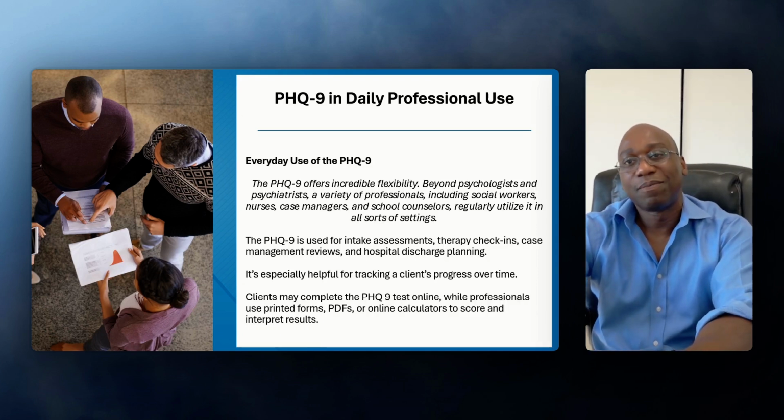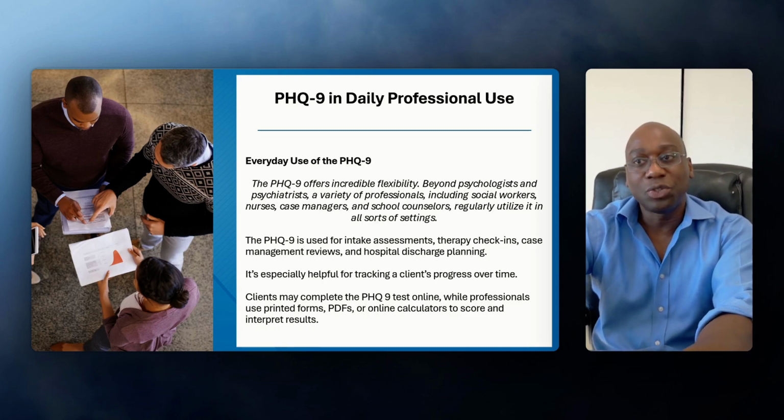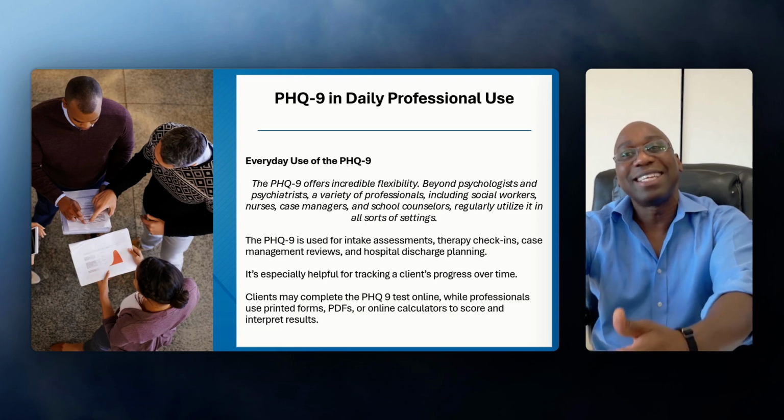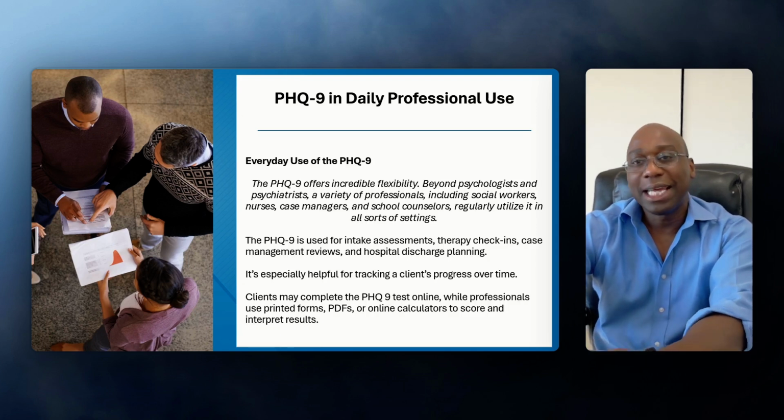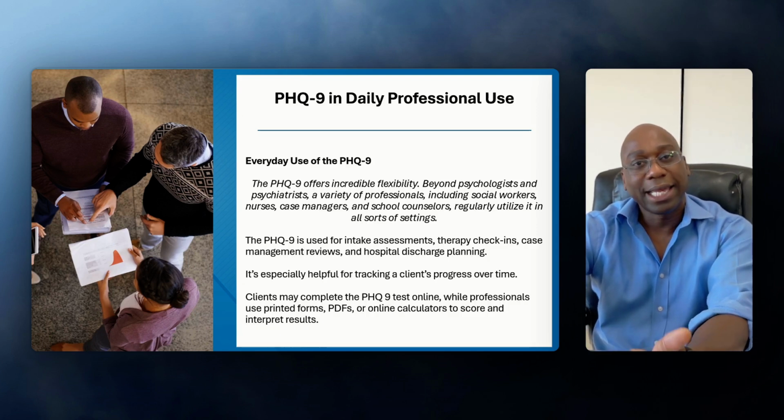For instance, a client's score might drop from 18 to 17 after several sessions. That's measurable improvement they can see. This kind of data can also support care planning, funding, and even insurance documentation.